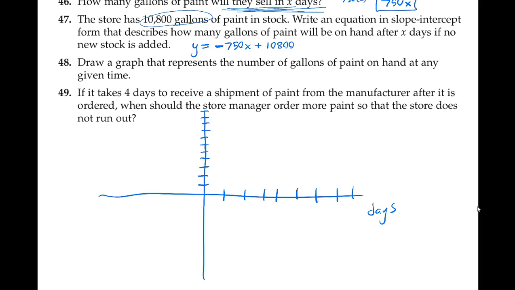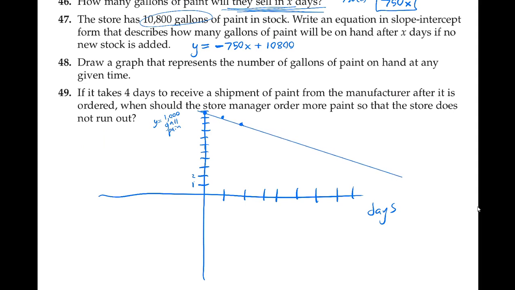So here's 1,000 gallons of paint. That's the y-axis. Here's our first point at 10,800. After the first day they're at around 10,000, then after 2 days a little more over like this, and you just keep going and going. Oh my gosh, they're running out of paint.